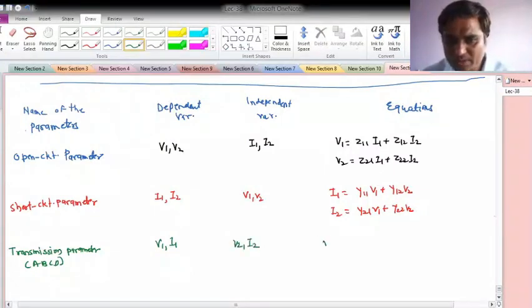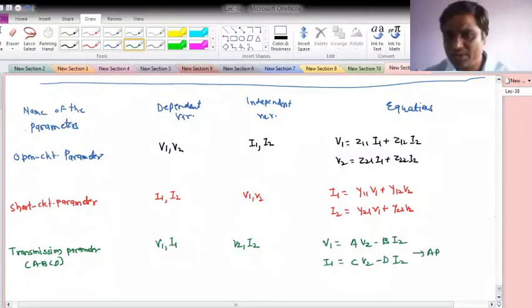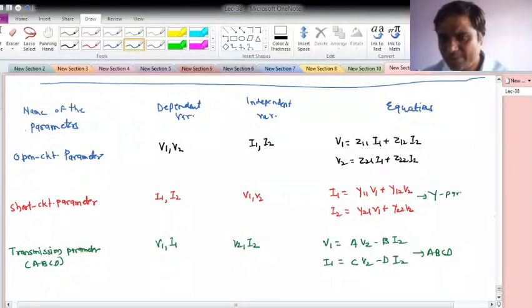And what are the equations? V1 will be A V2 minus B I2, and I1 is C V2 minus D I2. So this is your ABCD parameter, this is the Y parameter, this is the Z parameter.